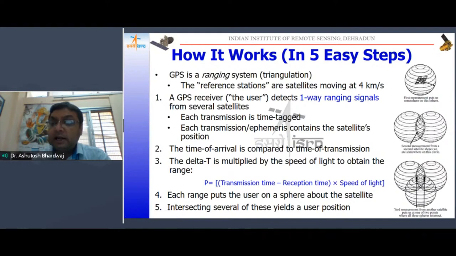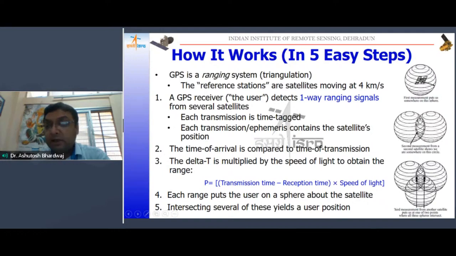T1 is the time at which the signal starts from the satellite, and T2 is the time at which the signal reaches the receiver. T2 minus T1 gives the travel time, multiplied by the velocity of light gives the distance, and using that distance we can create a sphere around the satellite position. Now the receiver is somewhere on this sphere, so there is a lot of uncertainty.